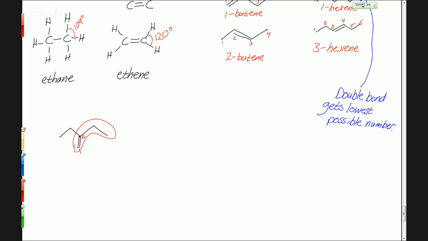And we number it 1, 2, 3, 4. And then we call the other part the substituent, the ethyl substituent. So this becomes 2-ethyl-1-butene. There.